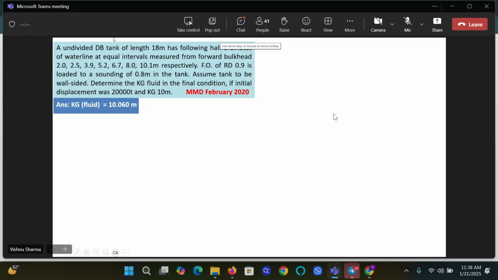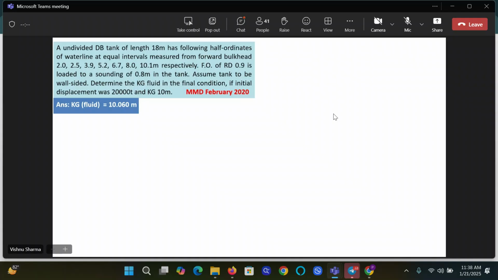Read the question. An undivided DB tank, 18 meters long, has the following half ordinates of the water line at equal intervals measured from the forward bulkhead. Fuel oil of RD 0.9 is loaded to a sounding of 0.8 meters in the tank.